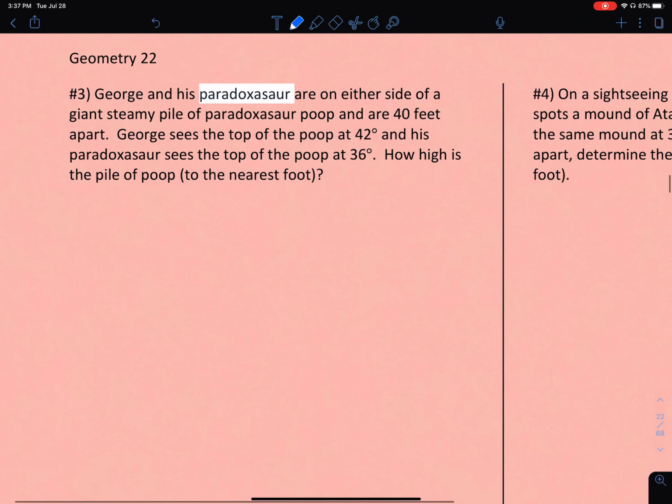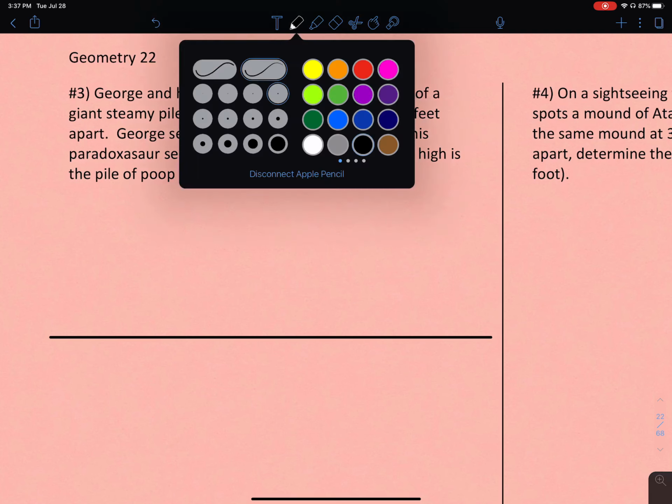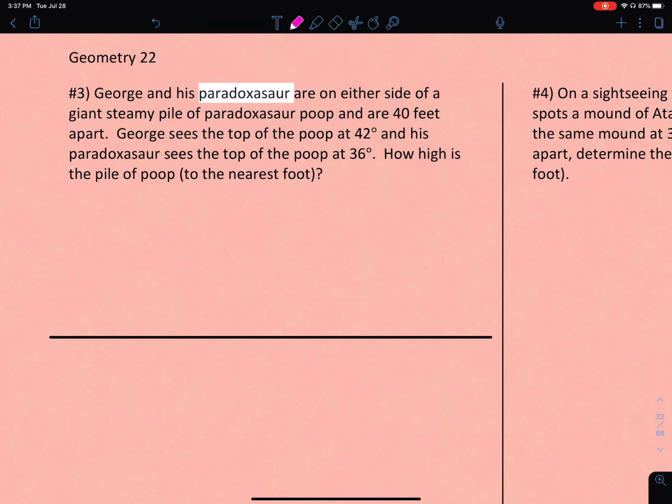Let's draw the ground, people. George and his Paradoxosaur are on either side of a giant, steamy pile. Let's draw this poo, shall we? Everyone knows that Paradoxosaur poop is pink. Steamy.